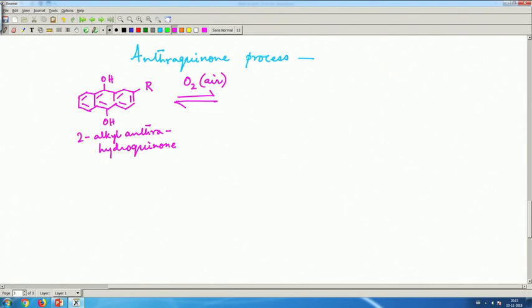So, this is a hydroquinone. So, what happens to it? It basically goes for its corresponding quinone formation. So, this is the corresponding quinone backbone, with the other part still there with R over here.